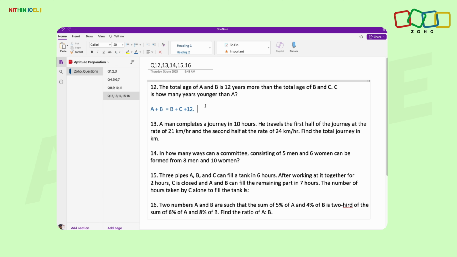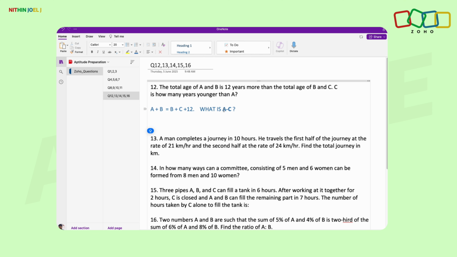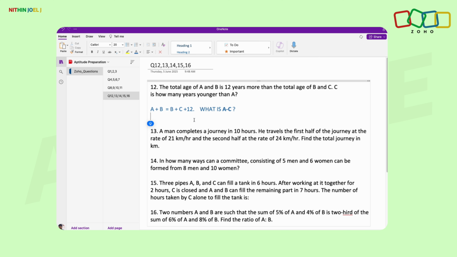So they are asking in the question to find A minus C. We have to find A minus C to get the answer for this question. So let's solve this. From the given question, we have A plus B is equal to B plus C plus 12.